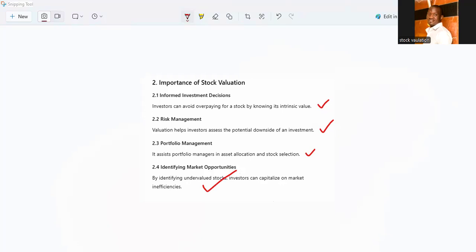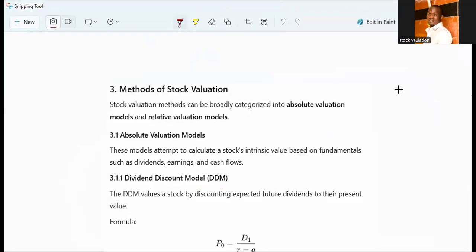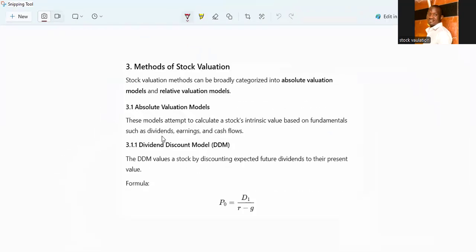Okay, so we should also understand the different methods of stock valuation. We have what we call the dividend discount model, which is the most common that we're going to use for the sake of our exam questions. Before we look at those exam questions, let me take you through it.